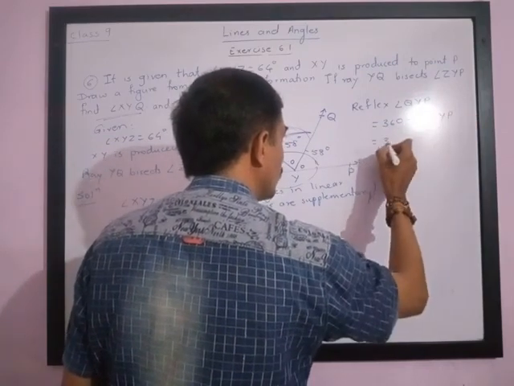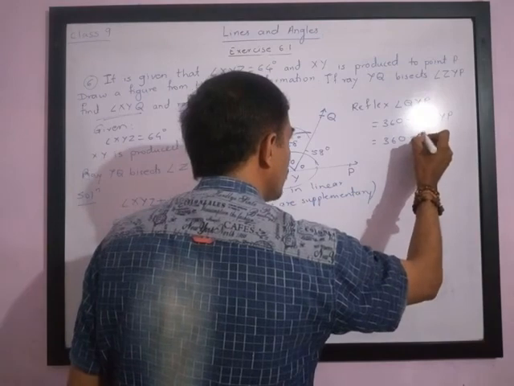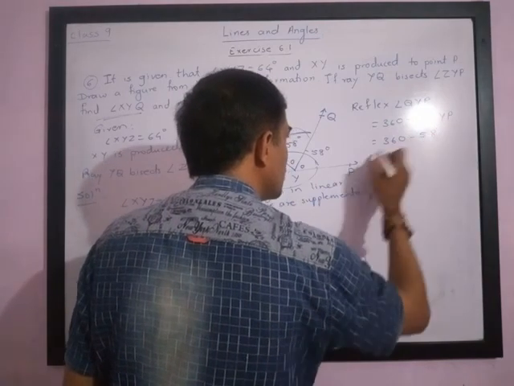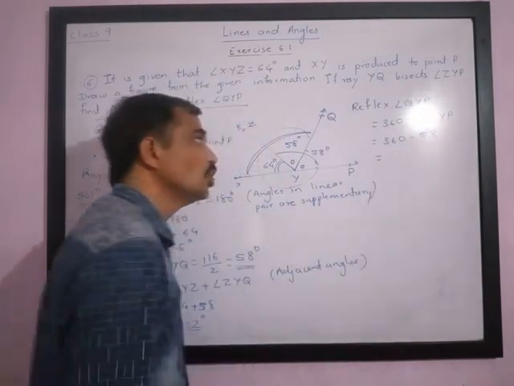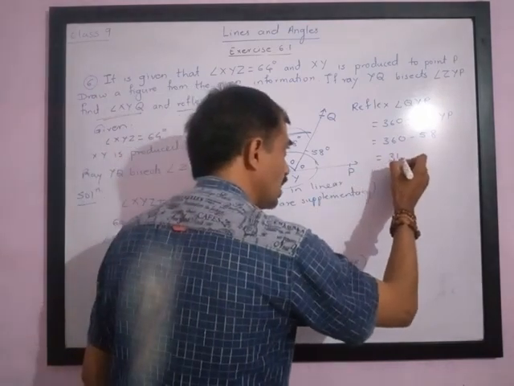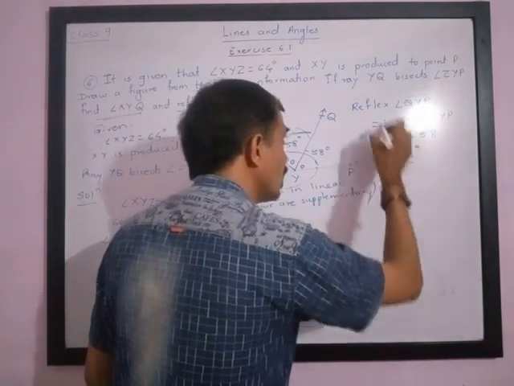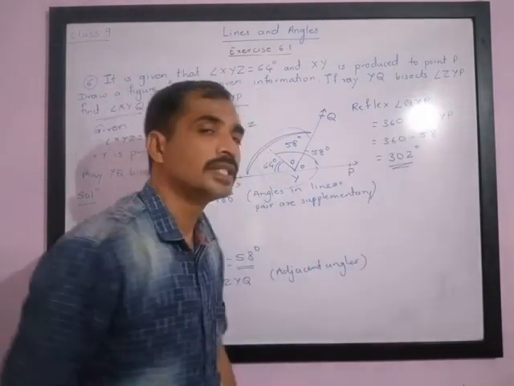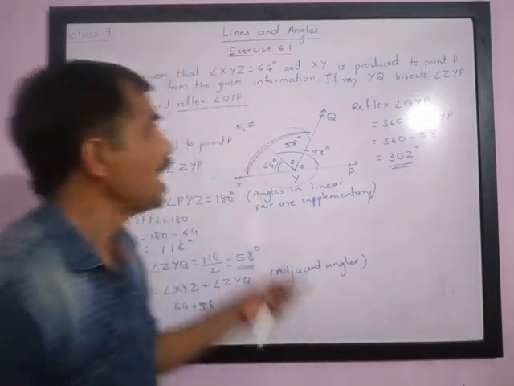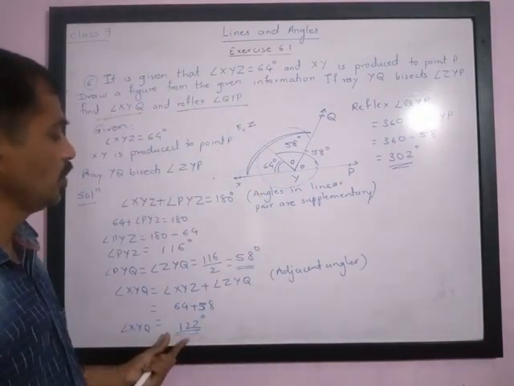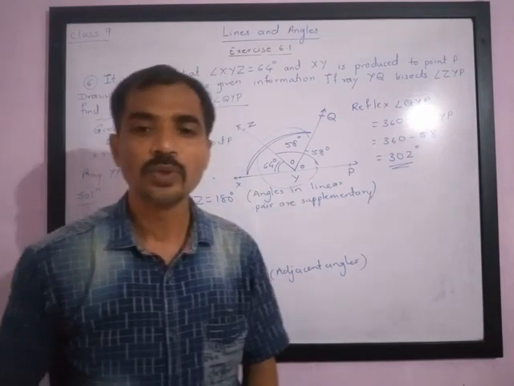So this is equal to 360 minus 58 degrees. 60 minus 58 is 2, 300 as it is, so I will get 302 degrees. So reflex angle QYP is 302 degrees and angle XYQ is equal to 122 degrees.